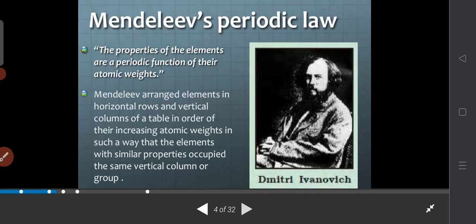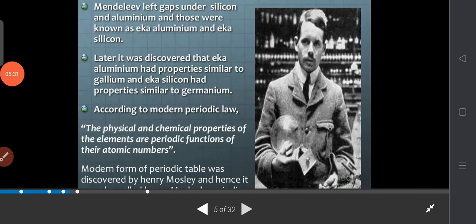When elements are present in the same group, it indicates that their properties should be the same. Next, Mendeleev left gaps under aluminium and silicon, which were known as Eka aluminium and Eka silicon. This is the limitation of the Mendeleev periodic table, that these elements were not given any position.